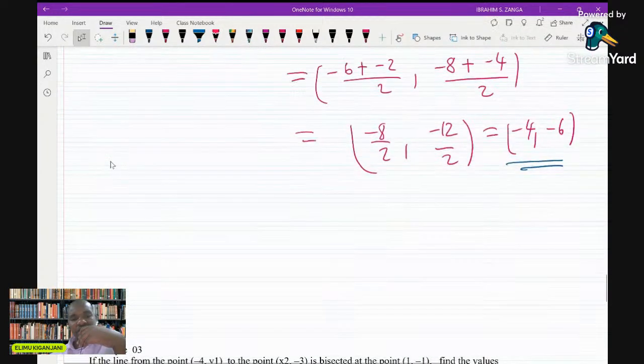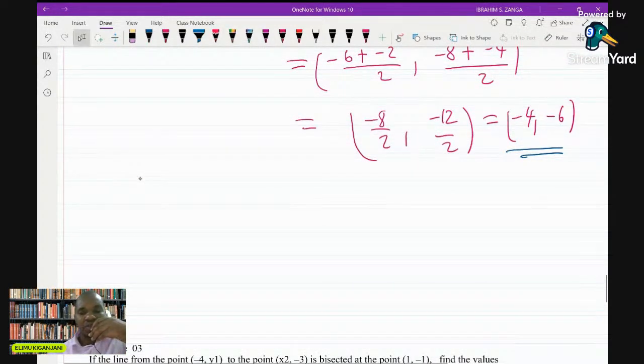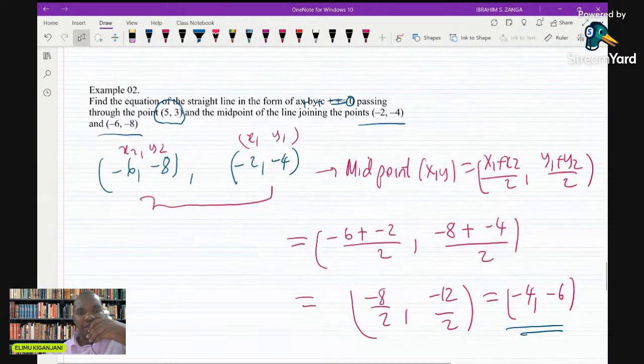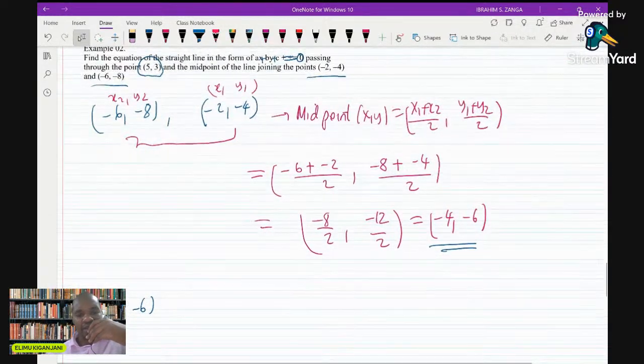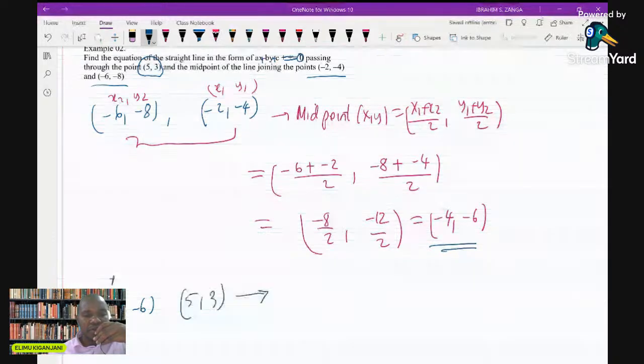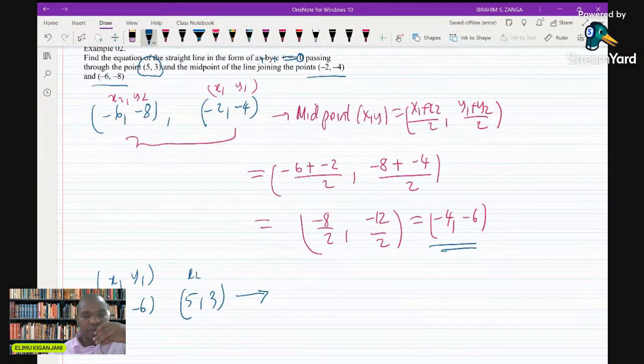So we'll be having 2 new points. The one is (-4, -6). The second one is (5, 3). With these new points here, we start by finding the slope. I will assume this to be x1, y1, and this one here x2, y2. So the slope will be change in y over change in x.